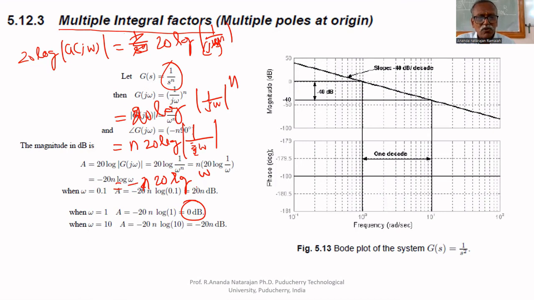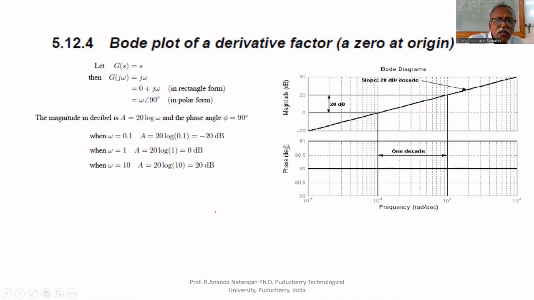Therefore, plus n 20 dB. If omega equal to 10, you will get minus n 20 dB. If n equal to 2, what will you get? 40, 0, minus 40. N equal to 3 means 60, 0, minus 60.